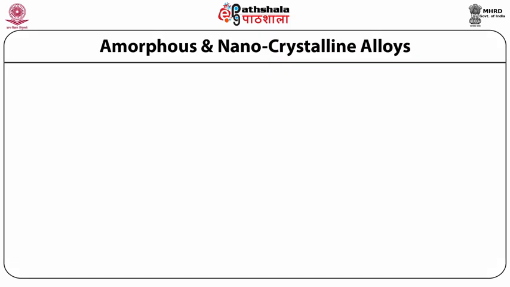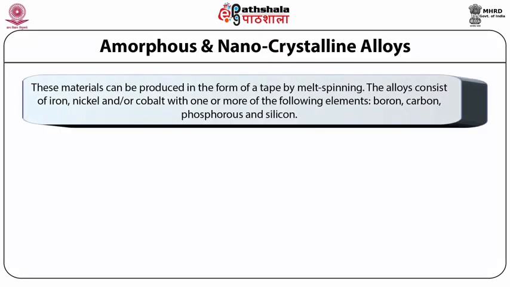Amorphous and nanocrystalline alloys. These materials can be produced in the form of a tape by melt spinning. The alloys consist of iron, nickel, and/or cobalt with one or more of the following elements: boron, carbon, phosphorus, and silicon.